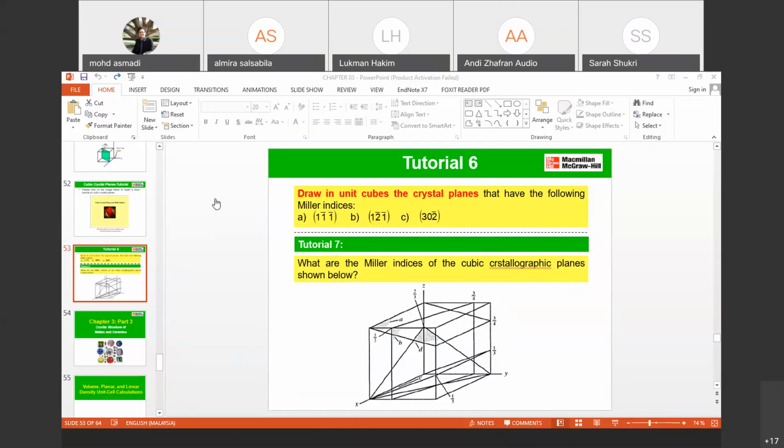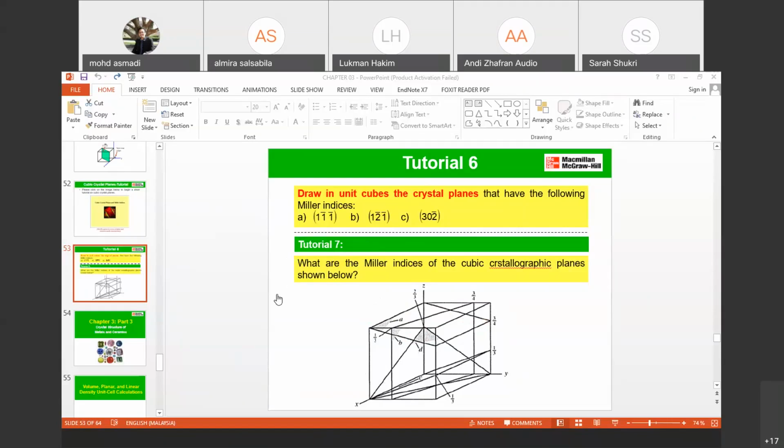Sekejap, saya pun lupa lah. Infinity. One four X. One. Okay. So, that's it. Who's this? Afif. Afif. Infinity.